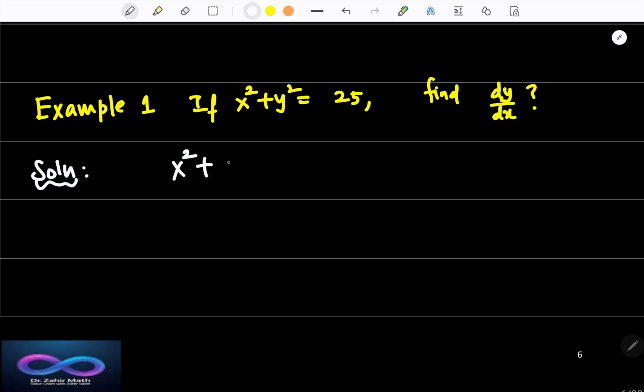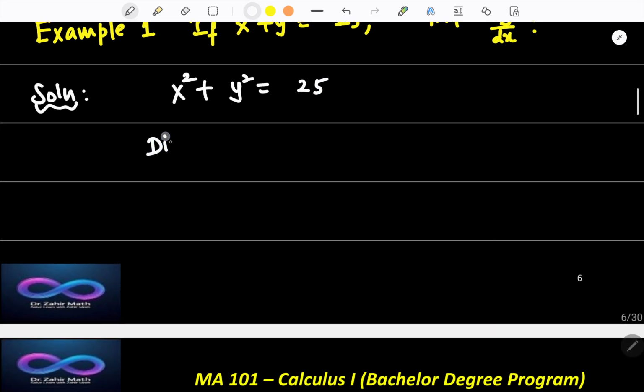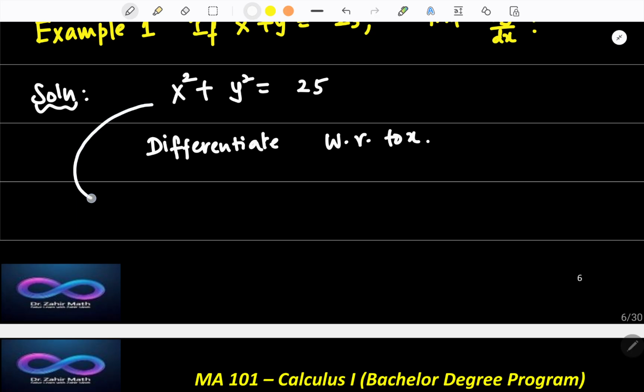What is given? X square plus y square is equal to 25. Take the derivative, differentiate. Very important. Differentiate with respect to x. Right? Okay. Now when I differentiate x square, what is the answer? 2x.